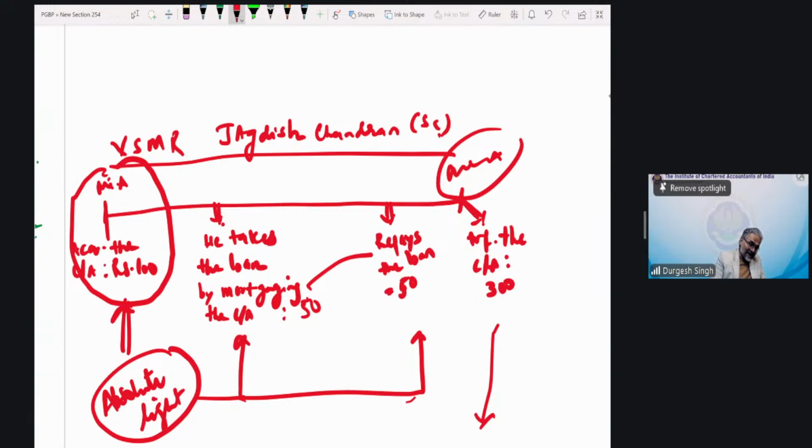When he acquired the asset, he had the same right at which he transferred the asset.